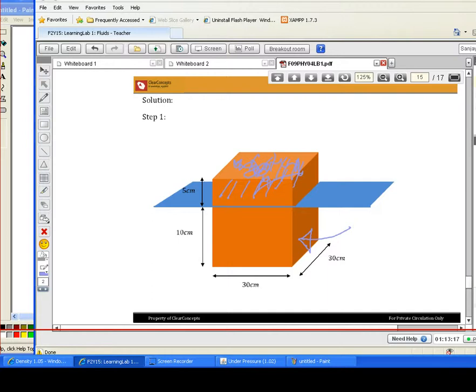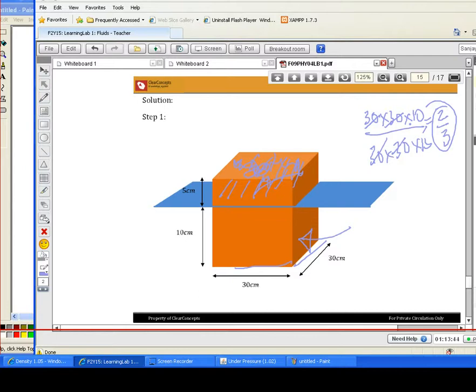What fraction of the volume of the block is underwater? So that's really 30 into 30 into 10 divided by 30 into 30 into 15. Cancels, 2 by 3. Can you see this?